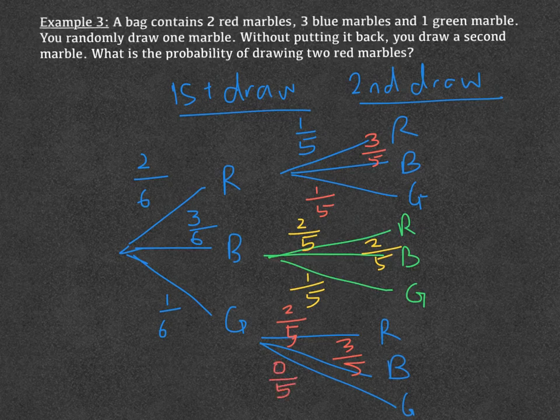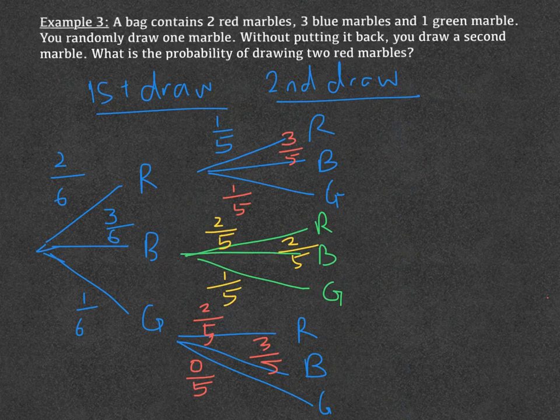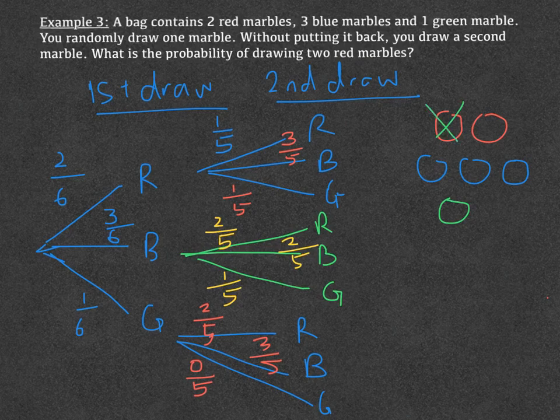In case you're wondering how I got a total of 5 in my second draw, let me show it to you. We started with 2 reds, and there are 3 blues and 1 green. So when you draw the first red, say this one is taken out from the bag, this will be the total number left.